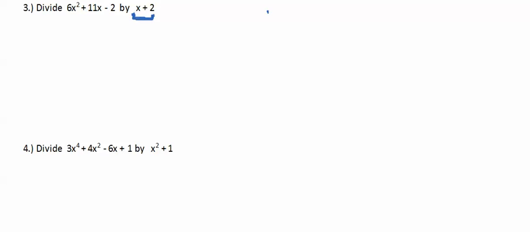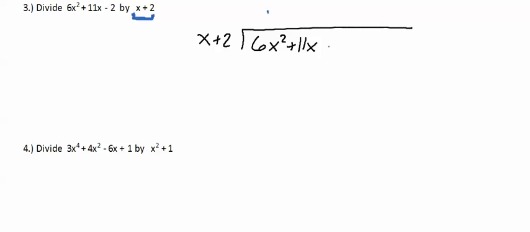So what we have is 6x squared plus 11x minus 2 divided by x plus 2. We're going to set it up like normal long division. We put the x plus 2 on the outside, 6x squared plus 11x minus 2 underneath, and I'm going to go through those steps. I'm going to divide, and when I divide, it's going to be a little bit different.